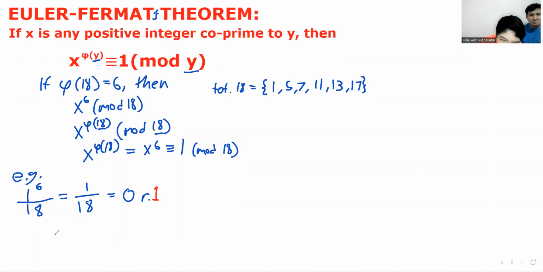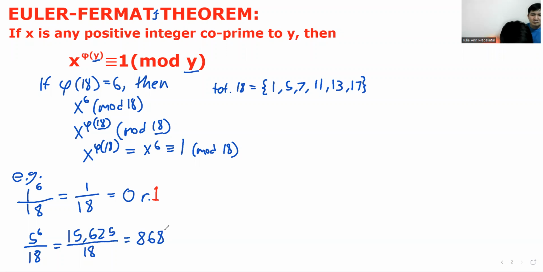And then for the next one, 5 to the 6th, is equal to 15,625 over 18. If you just use a calculator, it will become 868 remainder 1. Okay, so let's translate this to your Euler-Fermat theorem formula.